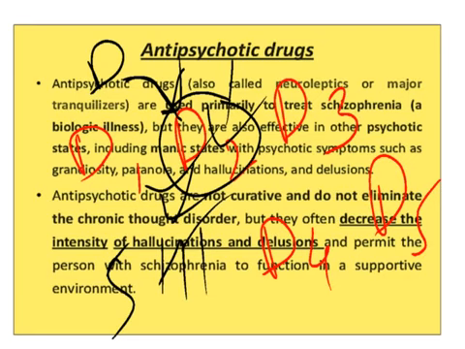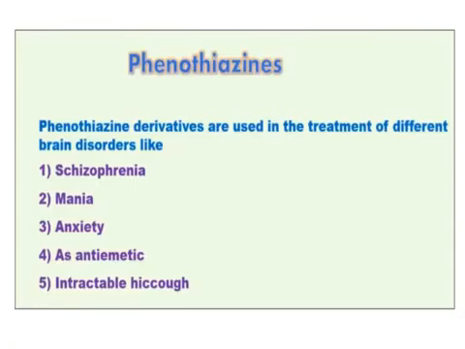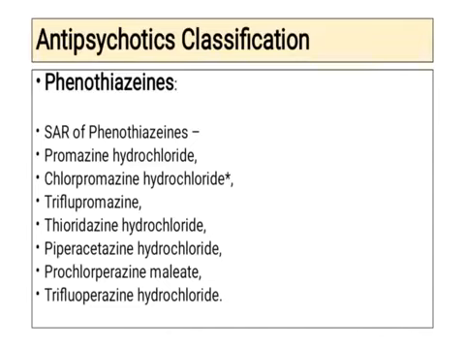So atypicals have fewer side effects as compared to the typical ones. So they come as second generation antipsychotic agents. Typical are the first generation, and atypical are called the second generation antipsychotic agents.